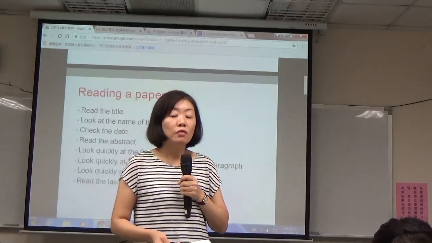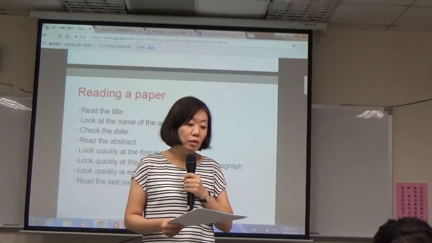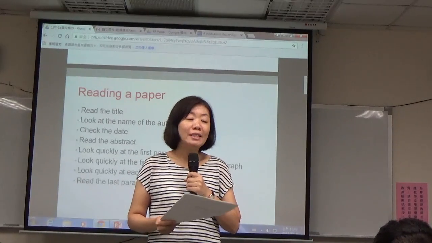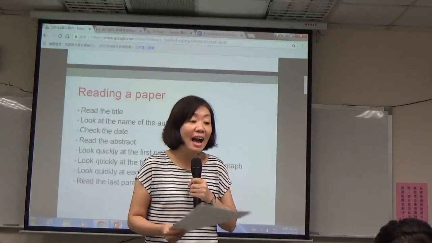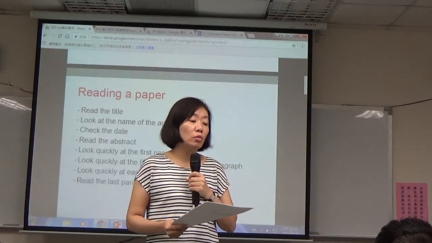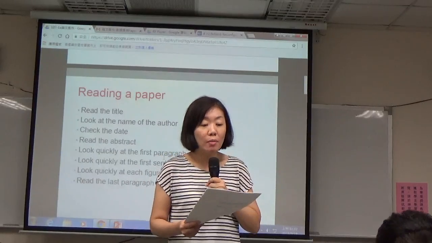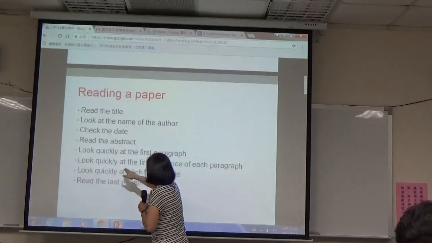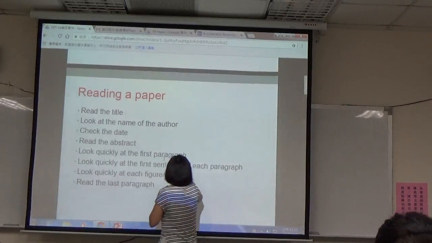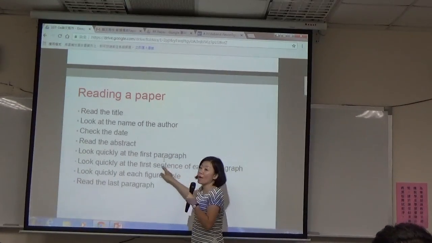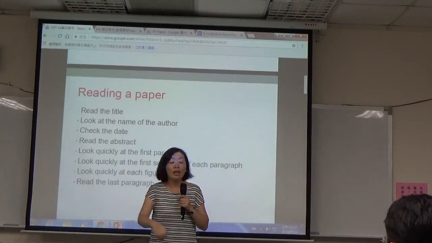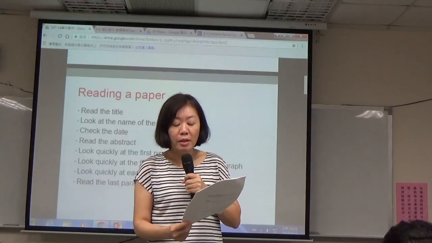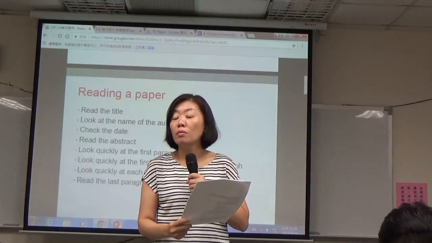So, the first paragraph, what do you get? You get what's going on now in this field. So if you look at the second paragraph, look quickly at the first sentence of each paragraph, if you have time. Then you will find in the second paragraph, please circle traditional.